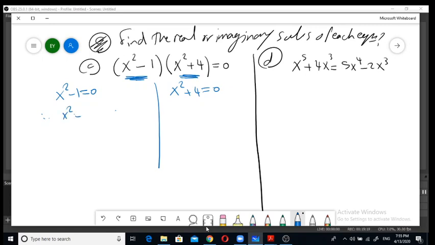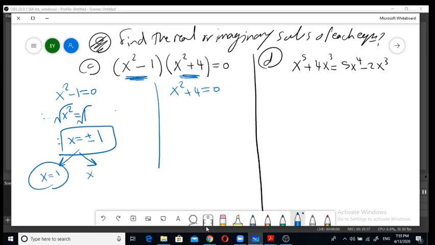Then x squared is equal to 1. By taking the square root of each side, x is equal to plus or minus the square root of 1, which is 1. Don't forget plus or minus. So we have two solutions. x is equal to 1 and x is equal to negative 1. So that side is finished.